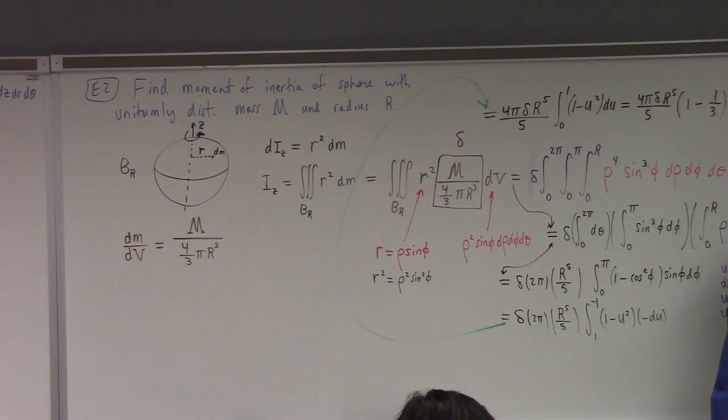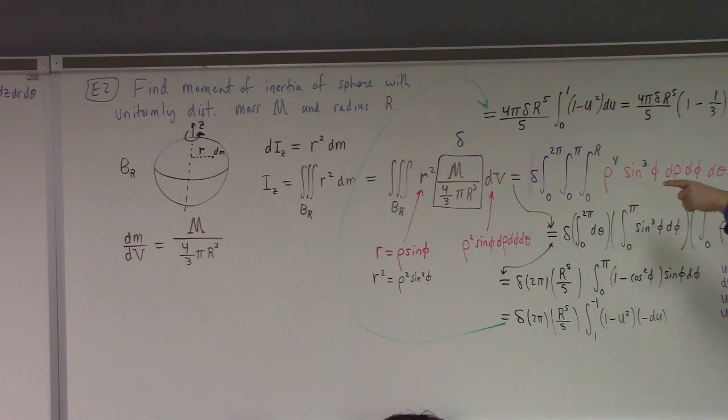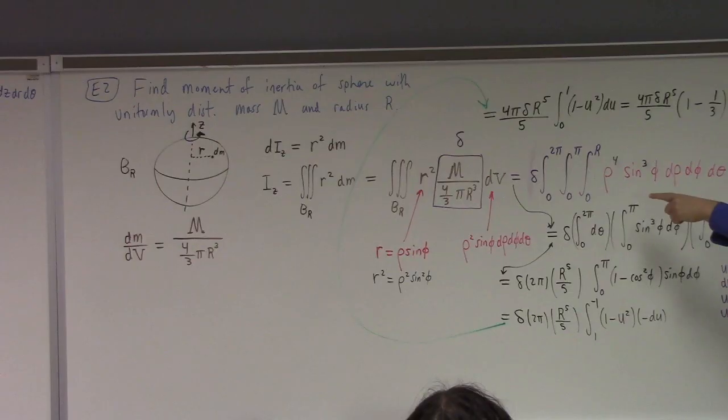All right, so we've got 4 pi r to the power 5 over 5. This is 2/3. And my delta was what? It was m divided by 4/3 pi r cubed.